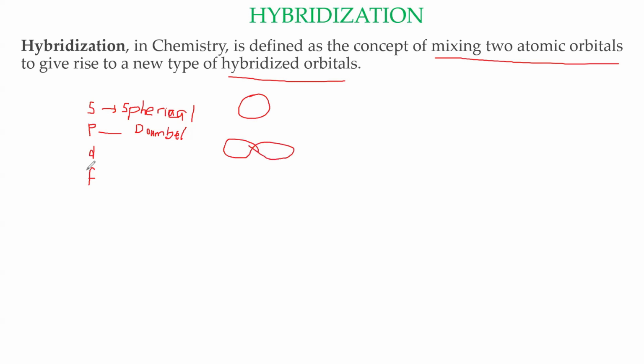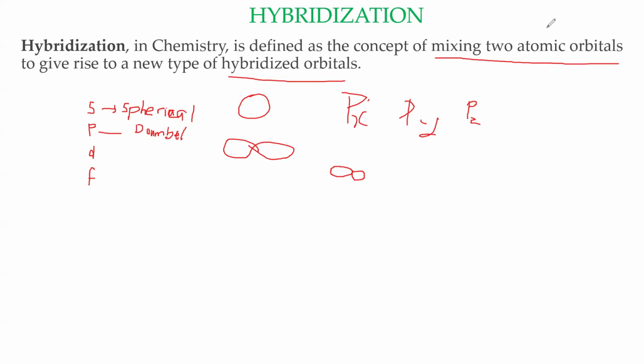Of course, this p orbital is divided into three. We have Px, Py, and Pz. Px is actually horizontal.